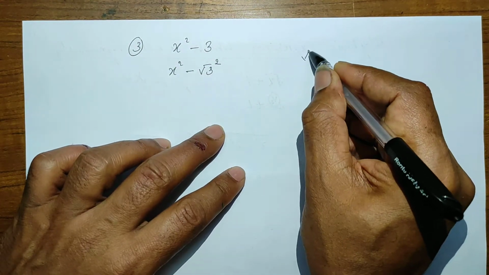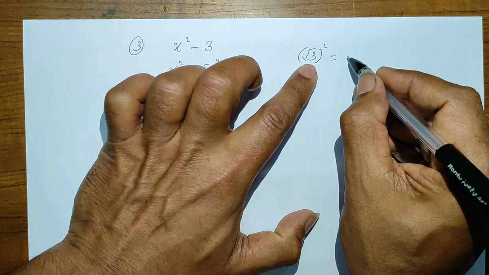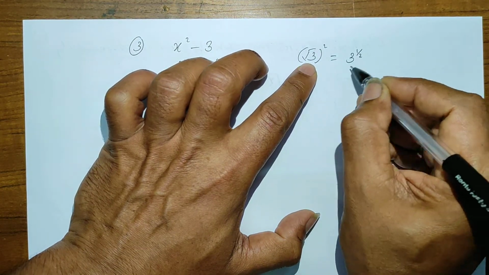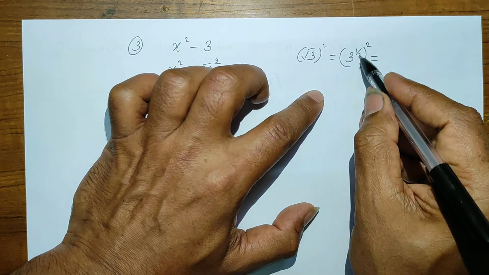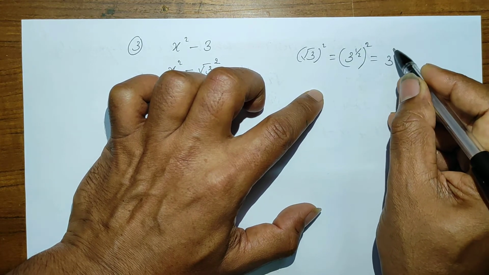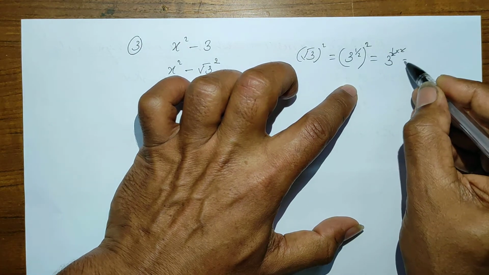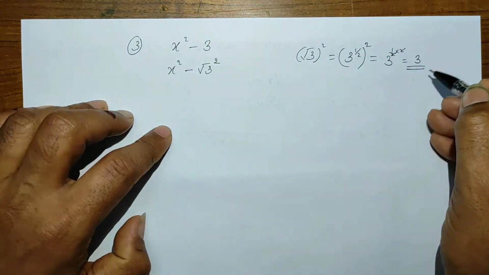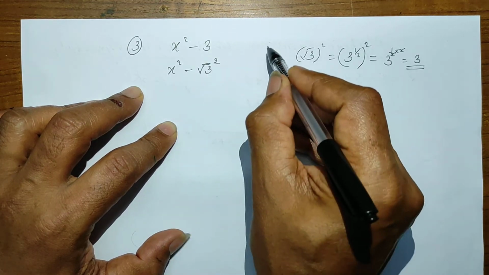See, root 3 square, when root 3 is written in the index form, it becomes 3 power 1 by 2, square as it is. This is x power m whole power n, x power mn, that is 3 power 1 by 2 into 2. 2 gets cancelled, you will get 3. So 3 can be written as root 3 square.